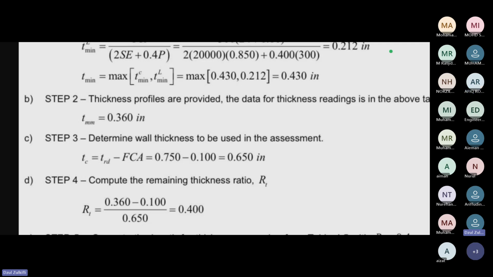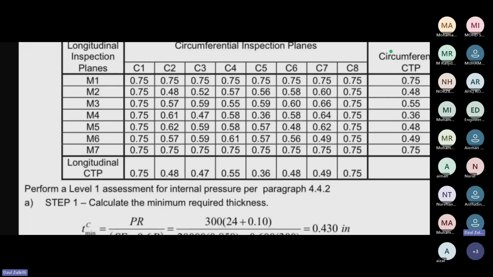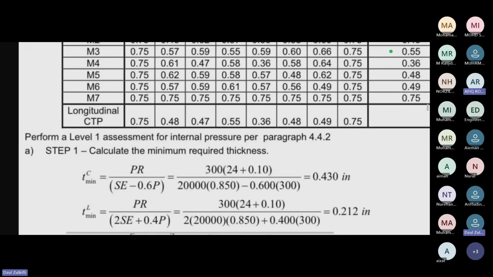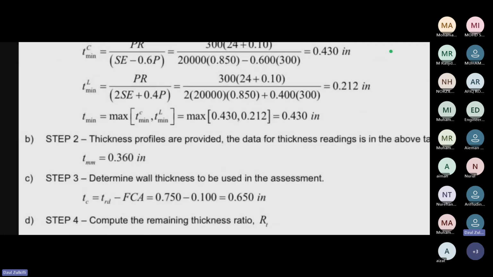Alright, step 3 is to determine the wall thickness to be used in this assessment. What this means is, when I mentioned that the measurement is done up until the area where the thickness is okay, let's go back to the grid again. 0.75 is the perimeter where everything is okay, and 0.1 is our future corrosion allowance.